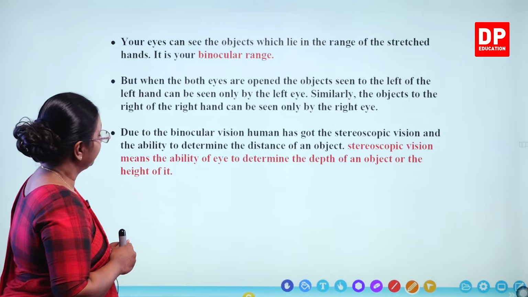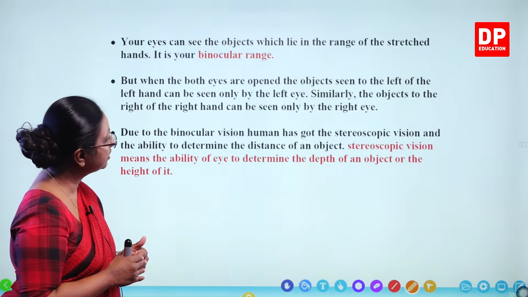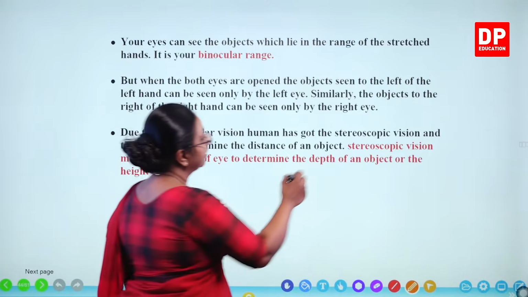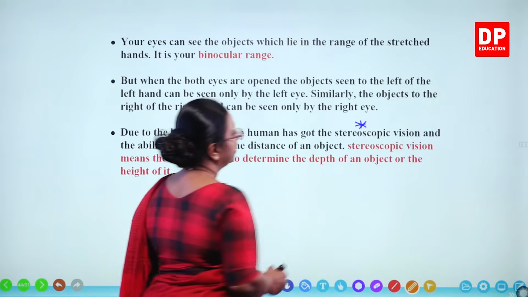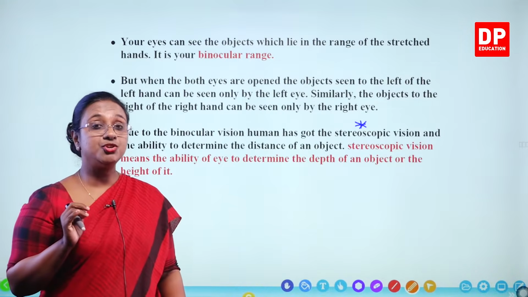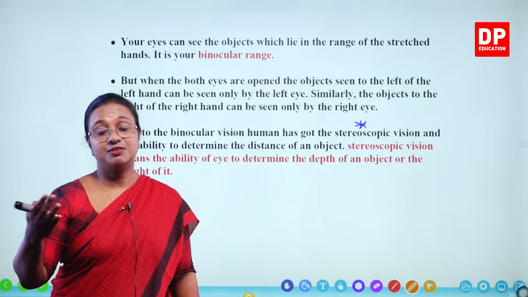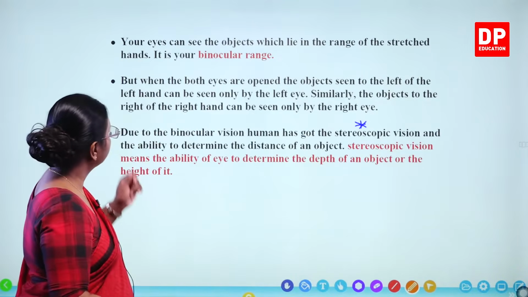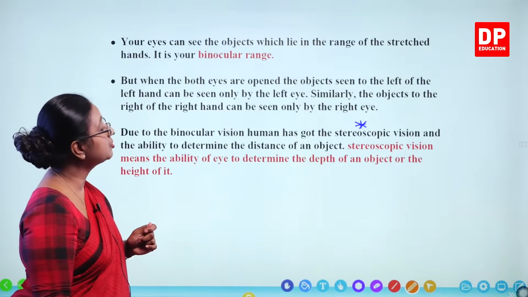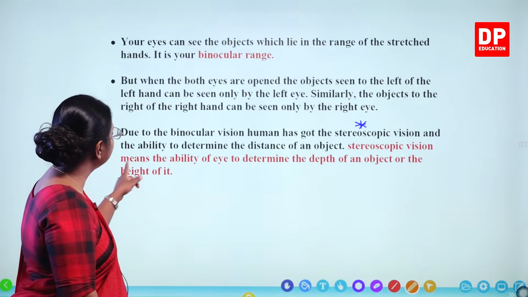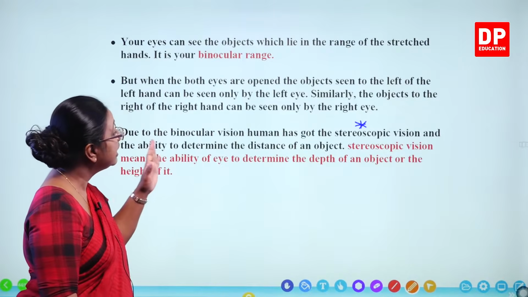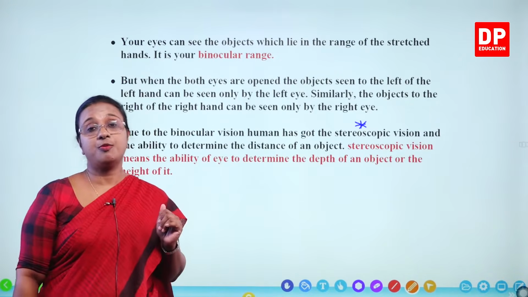Due to the binocular vision, humans have stereoscopic vision. This is important. Earlier also I mentioned this to you all. Having binocular vision is an advantage. We have better vision. So due to this, we have stereoscopic vision and the ability to determine the distance of an object.